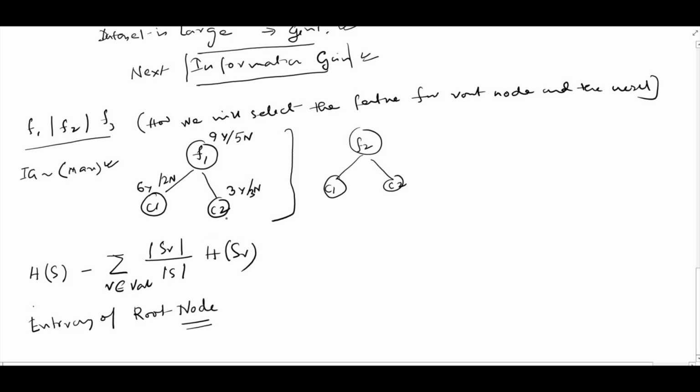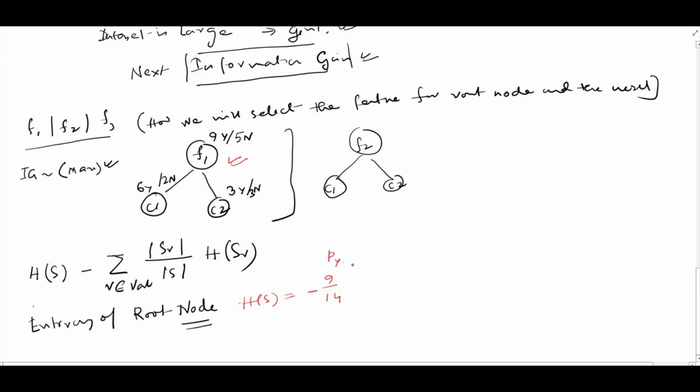So first we'll calculate the entropy of the root node. Let me change the color for better understanding. This is the first calculation point, and we'll use the same formula. So 9 by 14, because I have a total of 9 plus 5, yes.